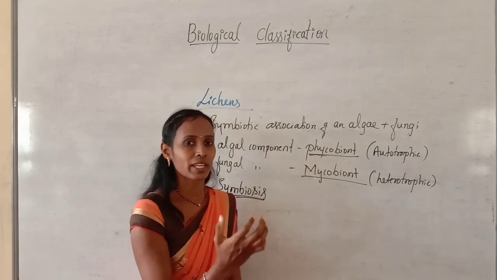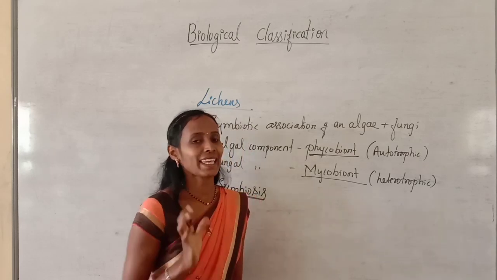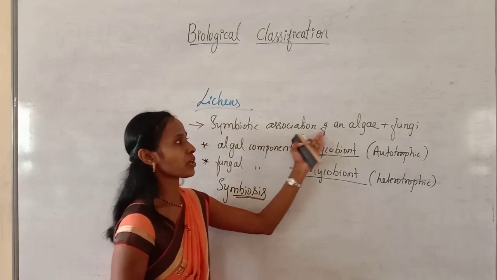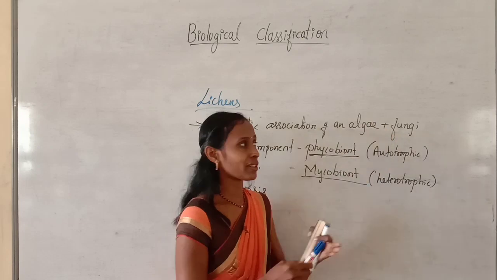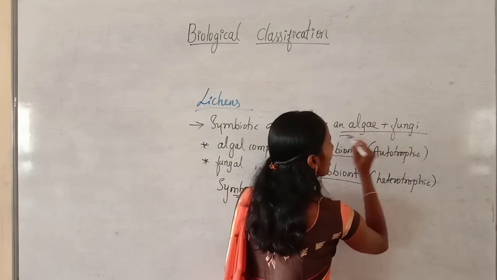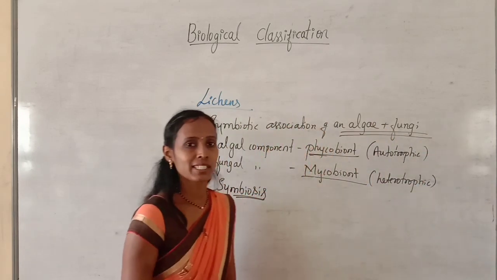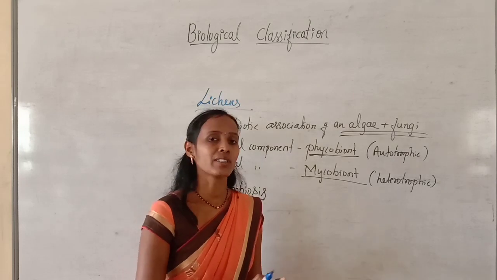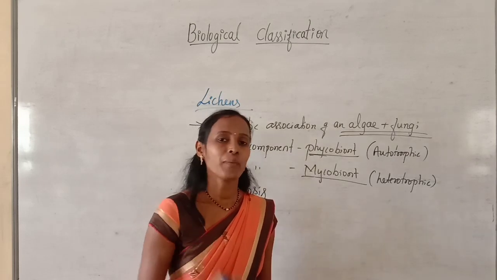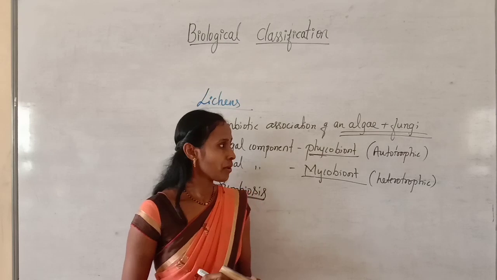Here I think you can understand. Lichens are the symbiotic association of an algae and fungi. It is very important. You cannot simply write that it is an association of algae or an association of fungi. They are the association of algae and fungi.